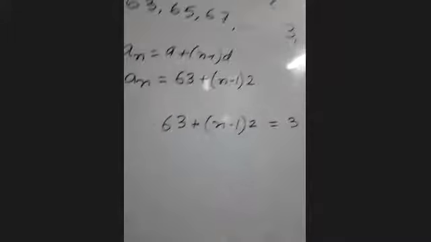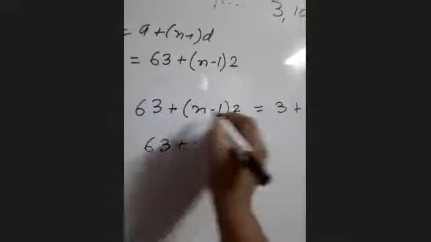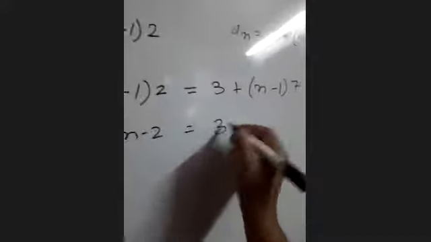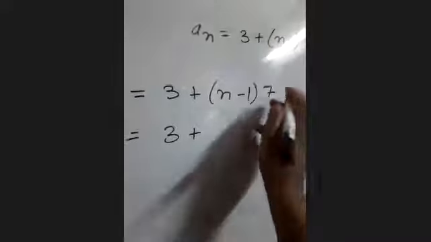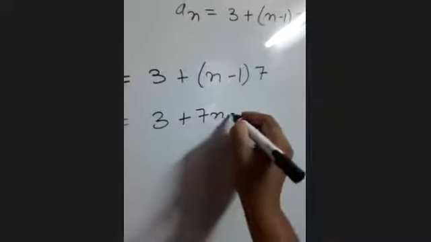This is given in the question. So 63 plus 2n minus 2 equals 3 plus 7n minus 7.